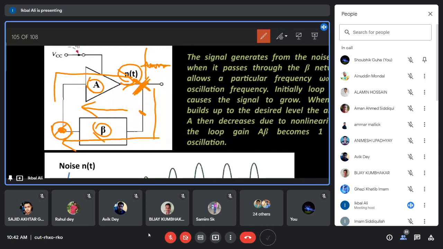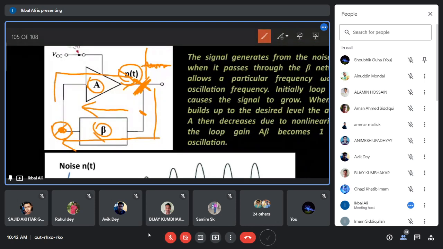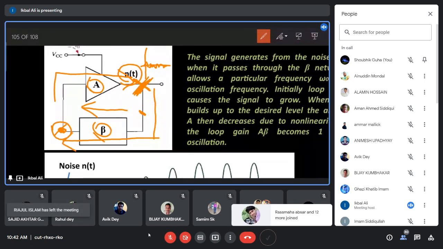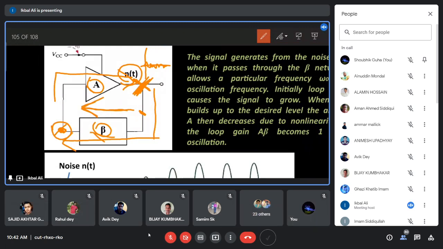You will get a particular omega 0 frequency noise signal here, the filtered noise voltage, meaning all other frequencies have been discarded, but you will get the same magnitude. Why? Because when the signal travels through the beta network, it is multiplied by beta, and when it travels through the amplifier, it is multiplied by A.